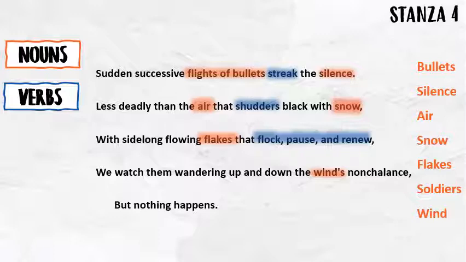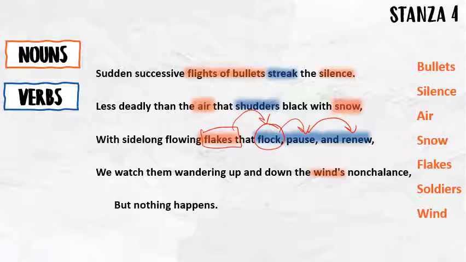The word flock here is essentially referring to the idea of moving and going together in a crowd. So he's talking about the flakes and how the flakes flock and then they pause and then they renew. Maybe they grow up, they turn into more flakes, or they move off again, or that's watching the movement of the flakes.